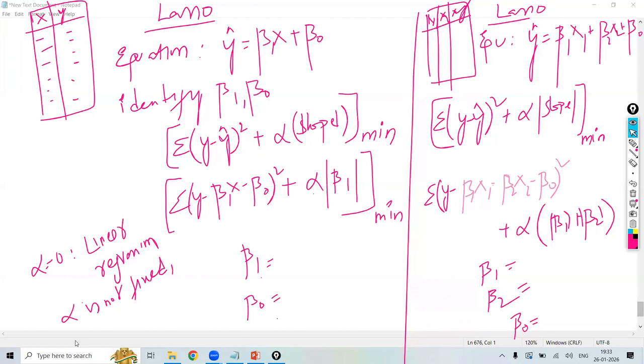What is hyperparameter? Hyperparameter means here alpha. The parameter which is not part of the model is called a hyperparameter, unlike the model parameters.